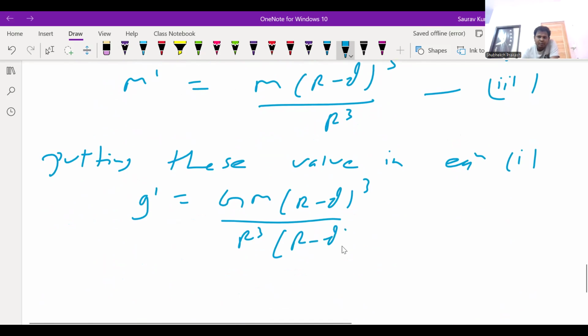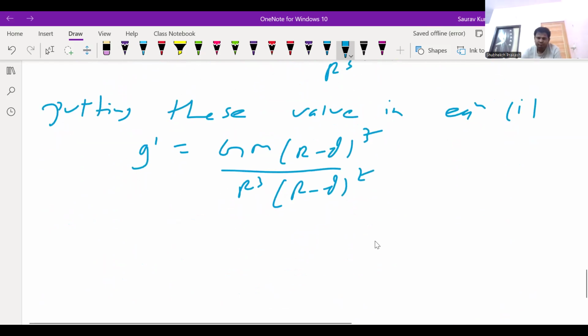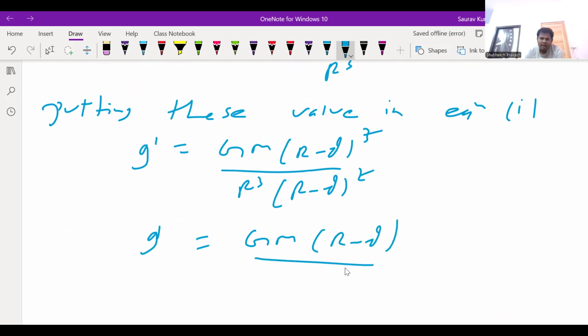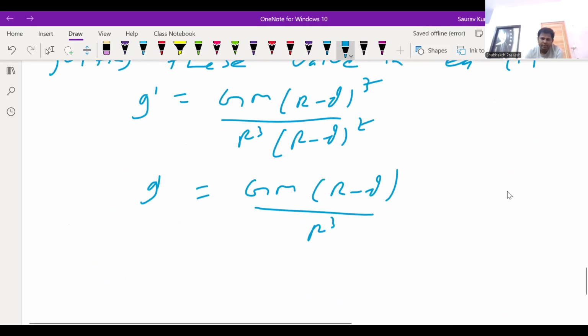R minus d whole square. This will cancel this. Then what will be left? g dash will be GM into R minus d by R cube.